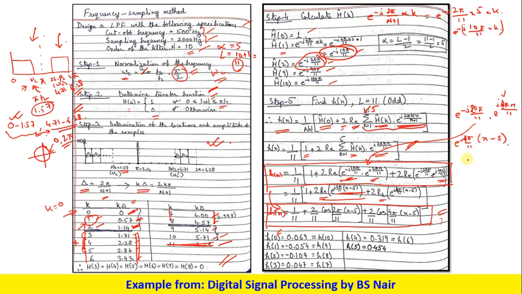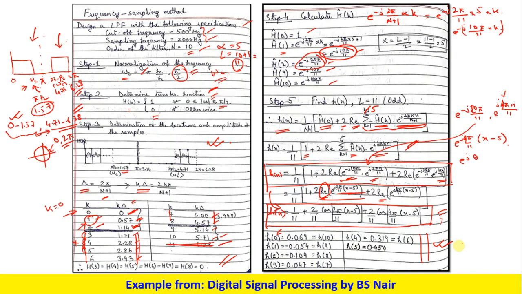So this is in the form of e to the power j theta, so cos theta plus j sin theta, right? But we are given the real part, so we will only be taking the cos component. When we take this cos component, we get this thing, and we are just left with n values. Now you fill in the values of n, and you will be able to get the h n components.